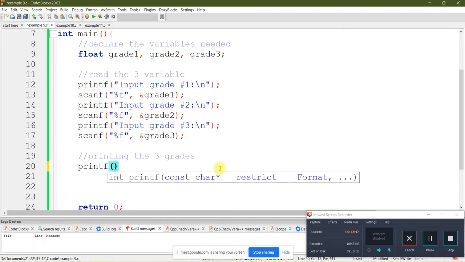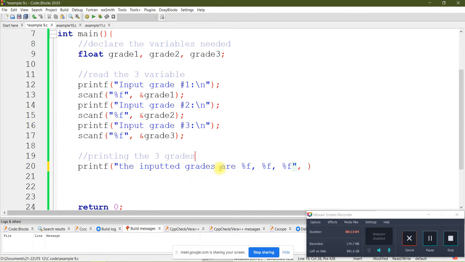Alright, so basically, it is very easy to do. We just print what we inputted. So, the inputted grades are %f, %f, and %f. These are the 3 placeholders for the 3 variables that we made, right? They represent the grades. So, of course, we put them after the double quote.